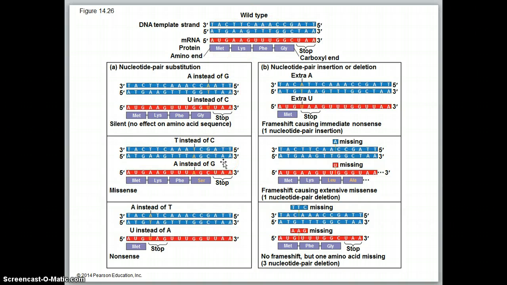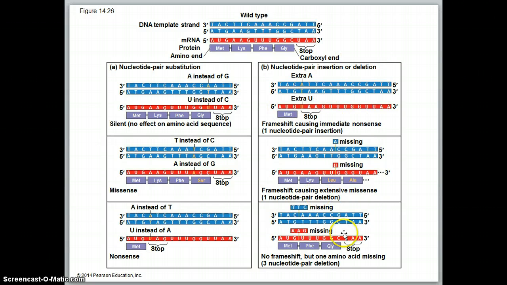Could be good, could be bad, depending on what this protein actually is. Here we have a nonsense mutation, A for T, so in the mRNA you get U instead of A. This is going to code for an early stop codon, so this is a nonsense mutation because it basically forms a truncated protein, or maybe even not a protein at all, depending on where that stop codon is. So this is going to form a non-functional protein.